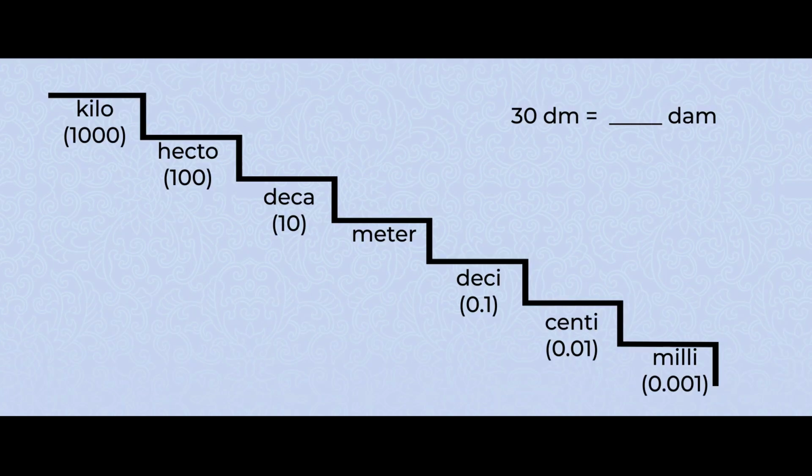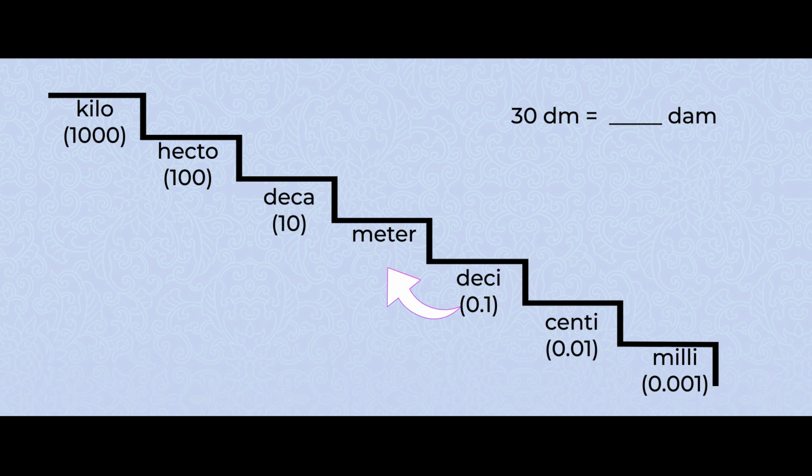Okay, let's do the next one. Here, the question is 30 decimeter will give you how many decameter? This time, you are converting smaller unit to greater unit, which means you need to climb up. Let's see how many steps we need to climb up. From deci, you reach meter.